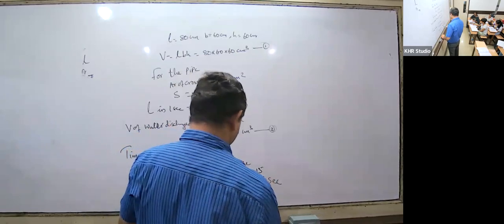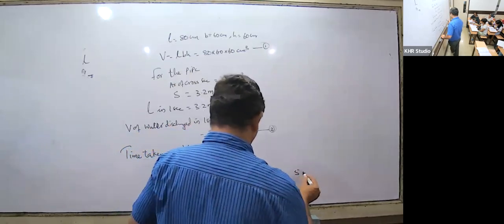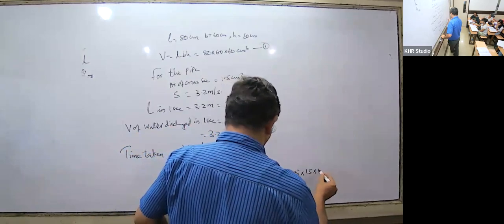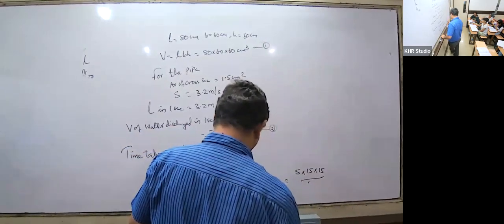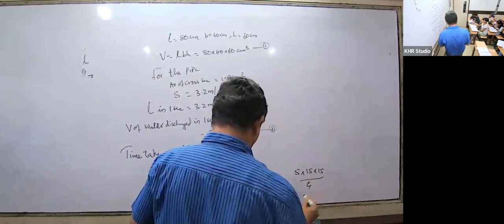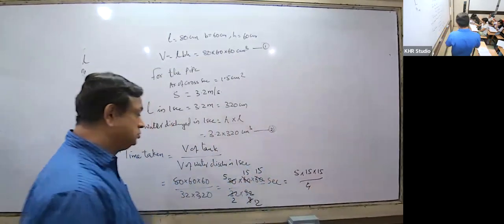Decimal made, 5 into 15 into 15 divided by 4. Yes or no?